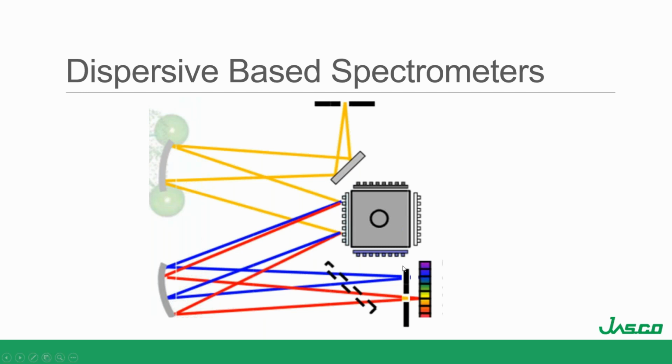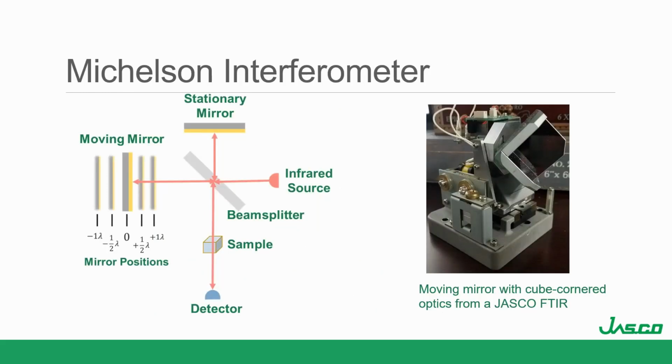As that grating moves, you change the wavelengths. These were done because it was a simpler operation. Once computers came around, we started doing the FTIR, because the computer can actually do the Fourier-transform, which I'll talk about in a little bit.